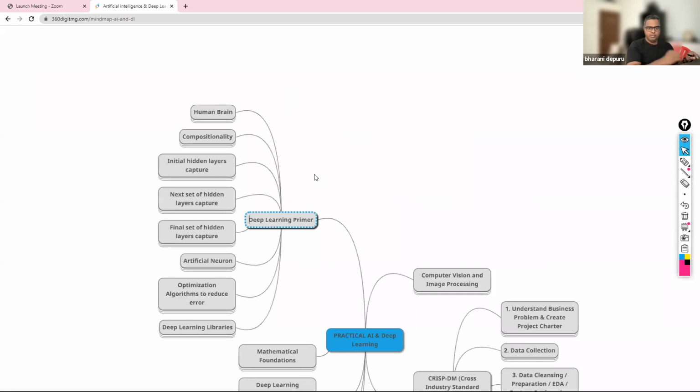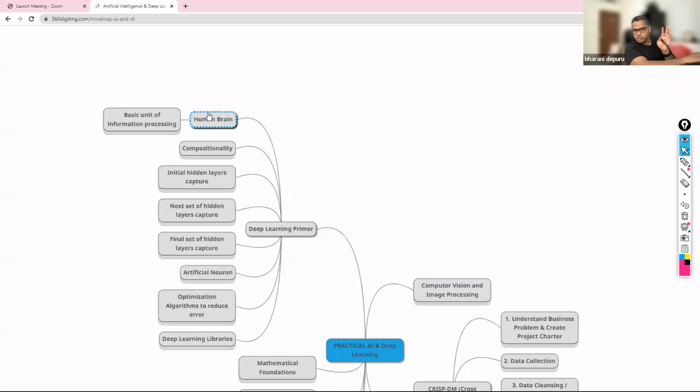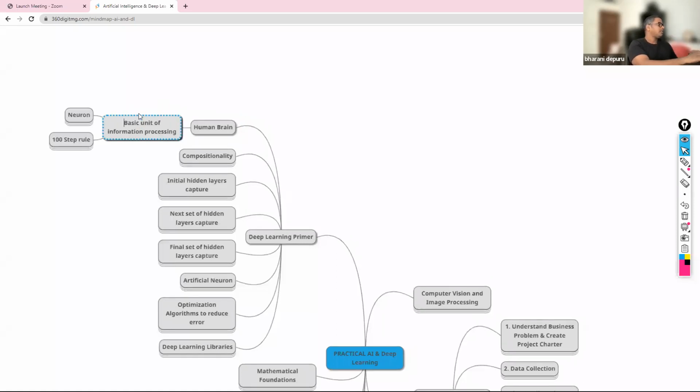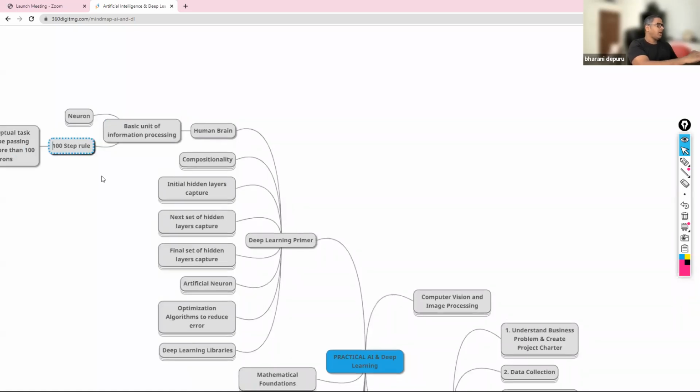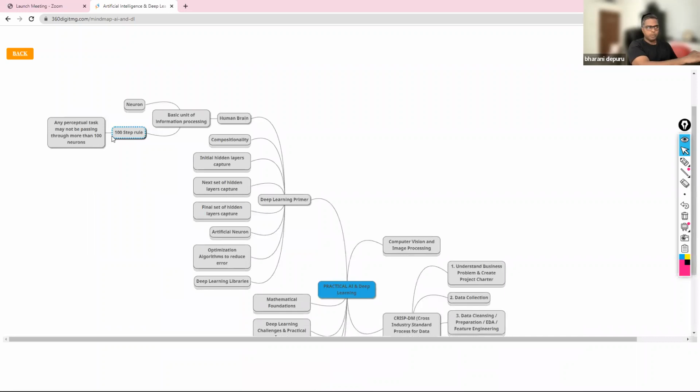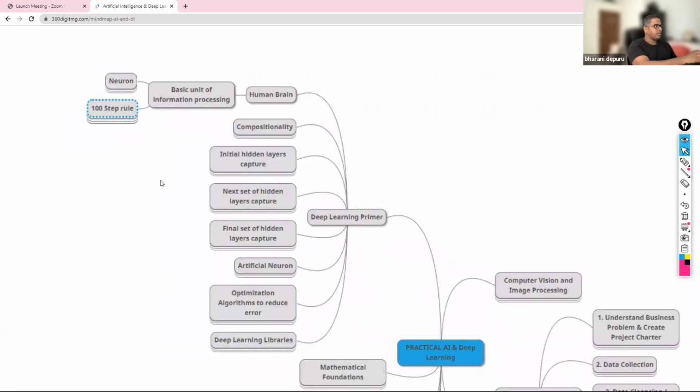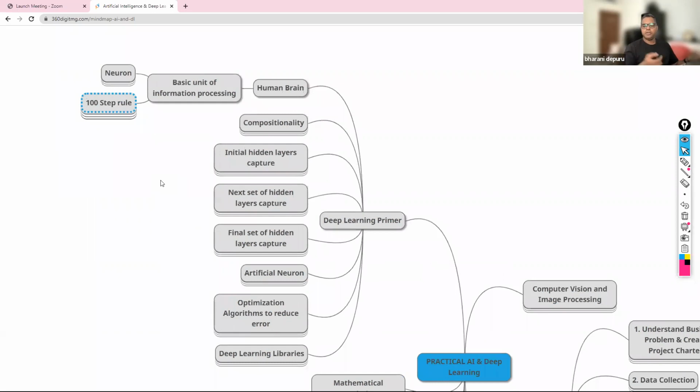Here in Deep Learning Primer, we understood about the human brain in the previous modules. And we understand that the neuron is a basic unit of information. There is also another thing called the 100-step rule, which says that any repetitive task, when you start working on it, will not cross 100 neurons.